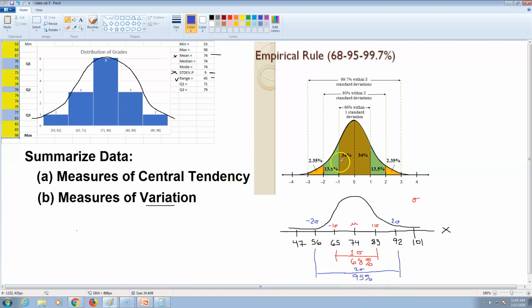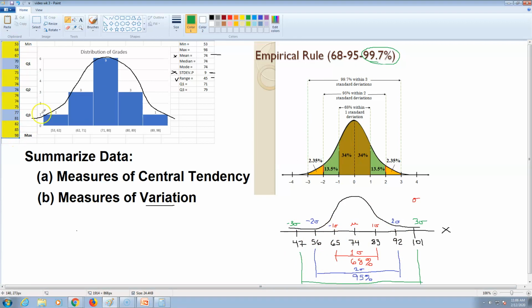And the same thing will happen when I say 3 standard deviations from the middle. If I count three nines to the right, I will end at 101. And if I count from the middle, 74, 3 standard deviations to the left by three nines to the left, that will be 47. So 99.7%, this number you see here, is going to be within those values.